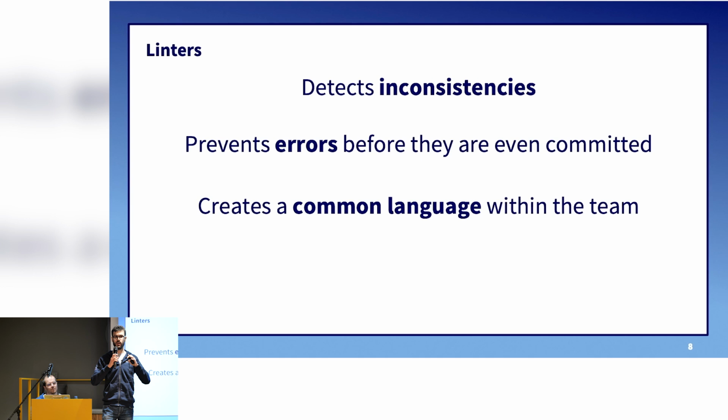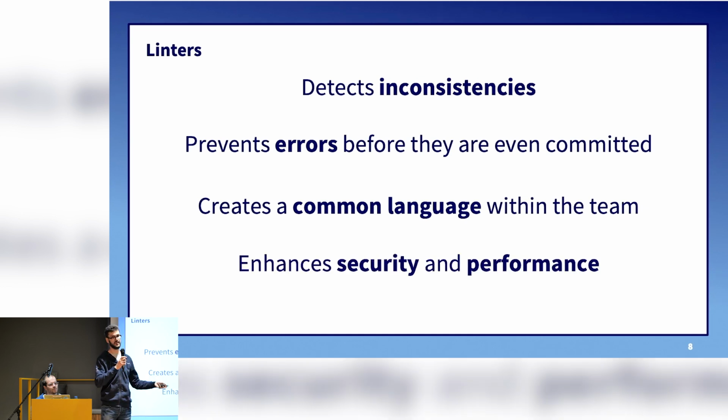It creates a language within the programming language itself, allowing us to have a language within the team, and that helps a lot for team communication. It can also help you with security, performance, etc. So a linter is your best friend.